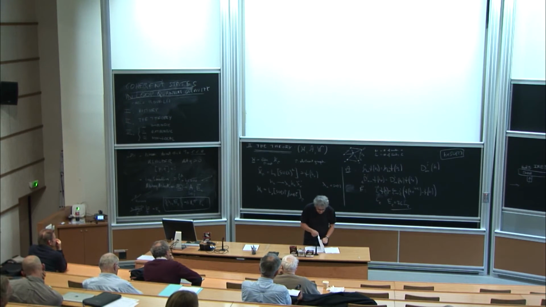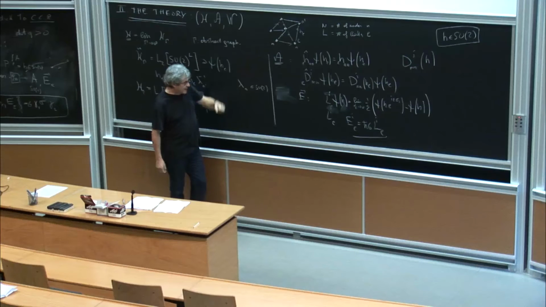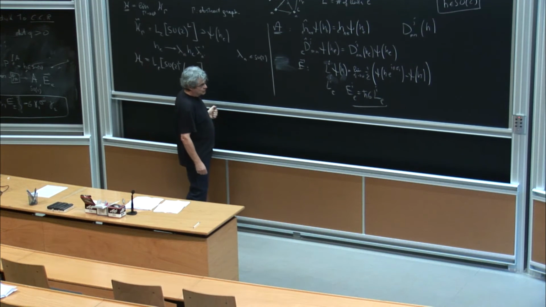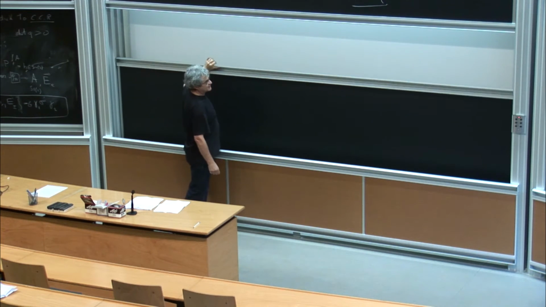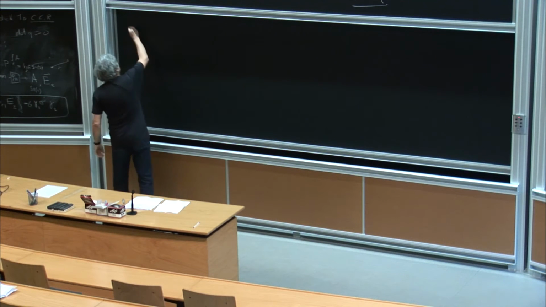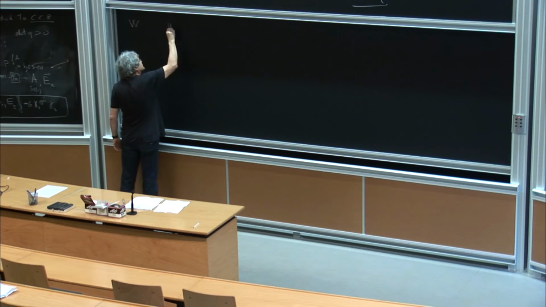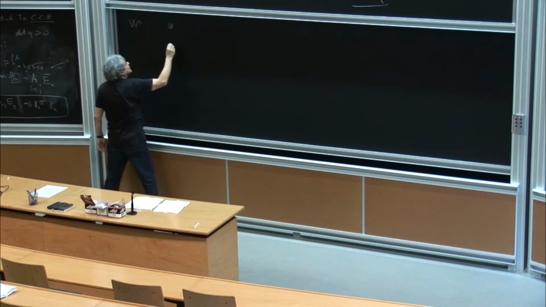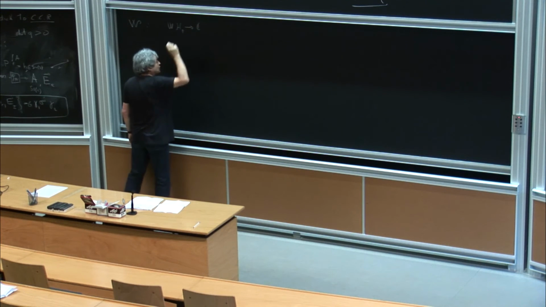Finally, there is the dynamics. I have to tell you what the dynamics is, but I don't want to go much into the definition. The way the dynamics is defined is simply by giving a map called W on the Hilbert space itself to the complex numbers.